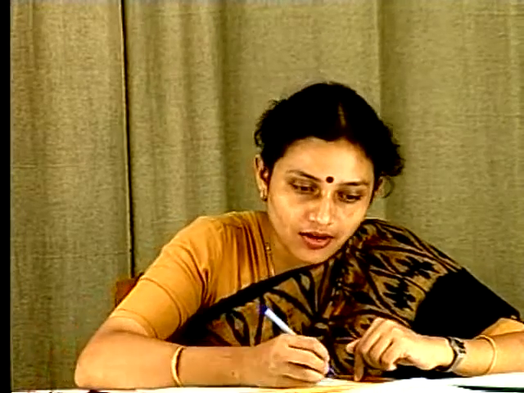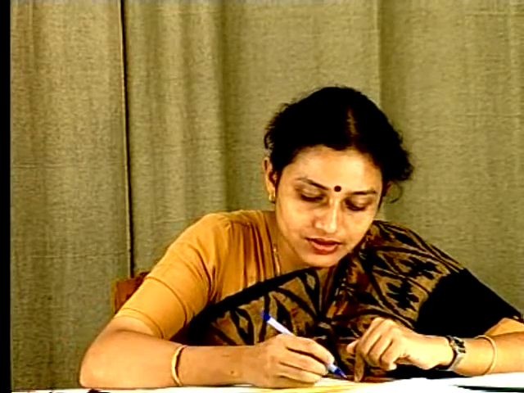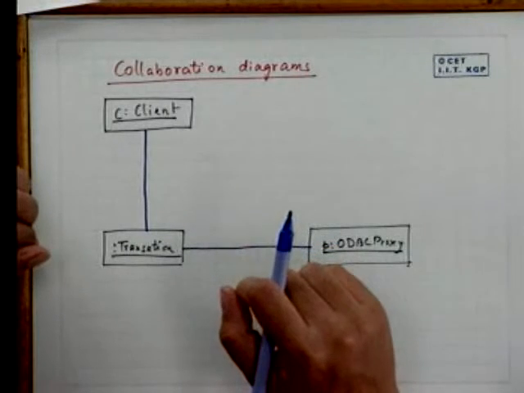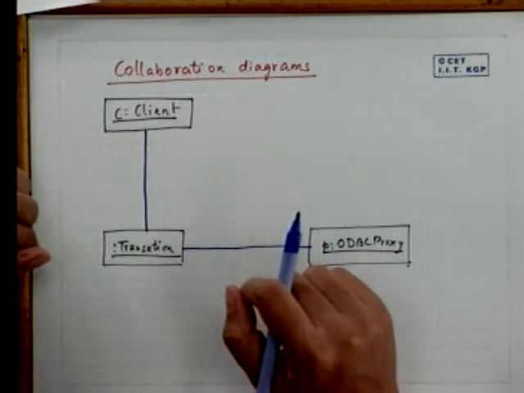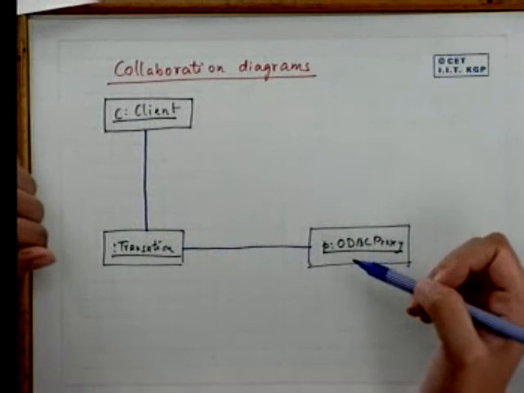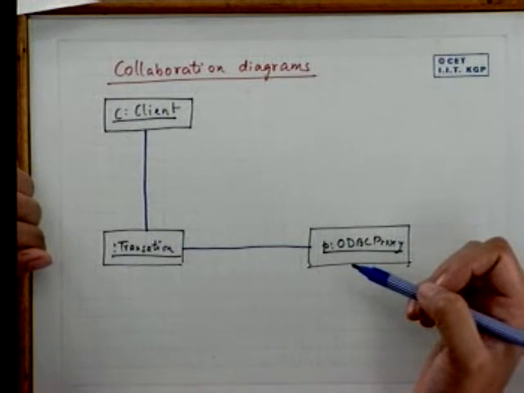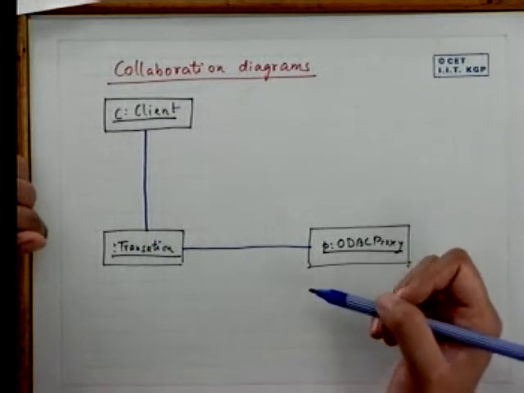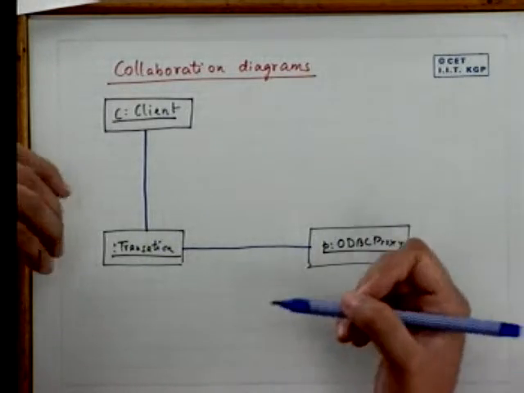Then we have to render the links that connect the objects. So the client is connected with the transaction and the ODBC proxy with the transaction, and these links form the arcs of the graph. And then we have to add on the links the messages that flow between the sender object and the receiver object.